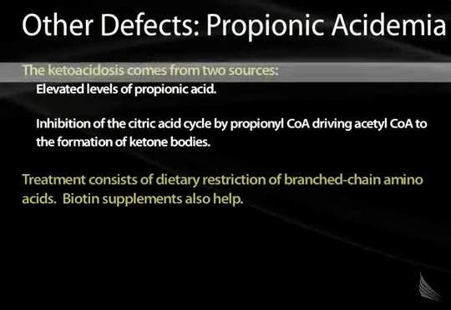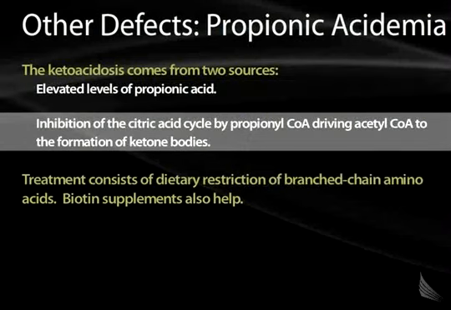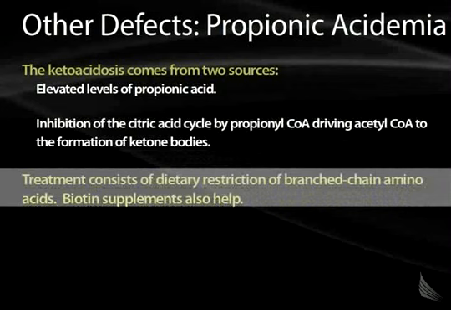The ketoacidosis comes from 2 different sources. One is elevated levels of propionic acid. The other is inhibition of the citric acid cycle by propionyl-CoA. This drives acetyl-CoA to the formation of ketone bodies instead of going into the citric acid cycle. The treatment consists of dietary restriction of branched-chain amino acids, similar to what we saw in maple syrup urine disease. In this case, biotin supplementation may help because it will maximize whatever residual activity is there.